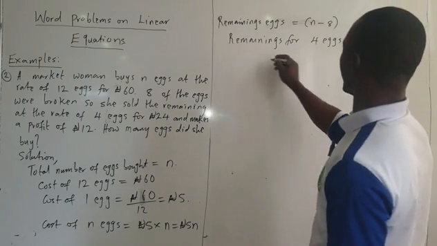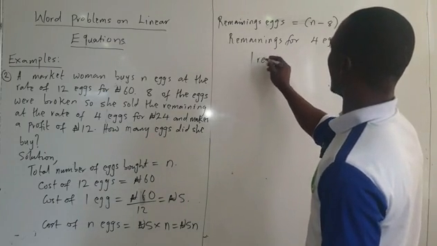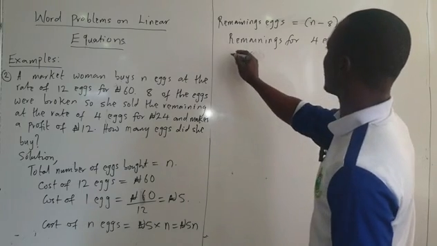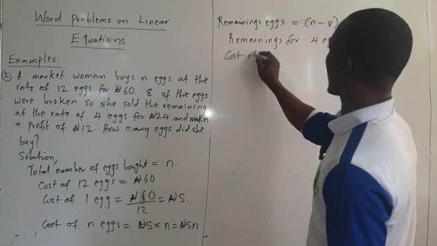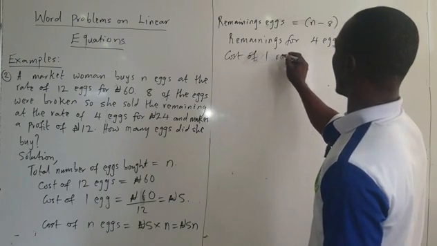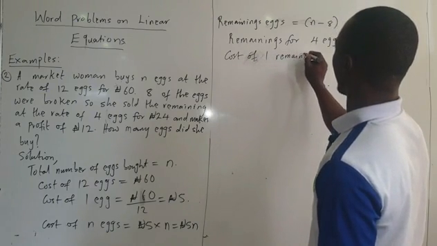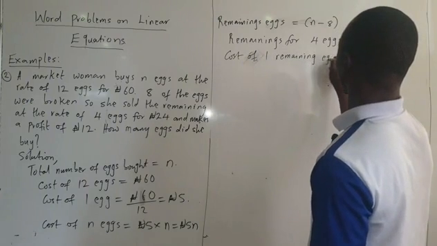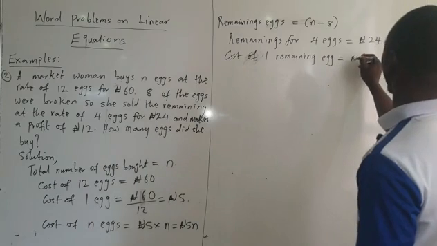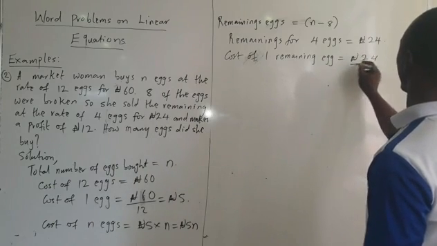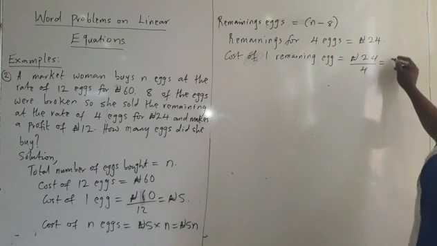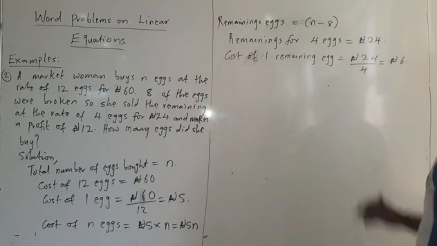Then the cost of 1 remaining egg will be equal to 24 all over 4, which is 6 naira.